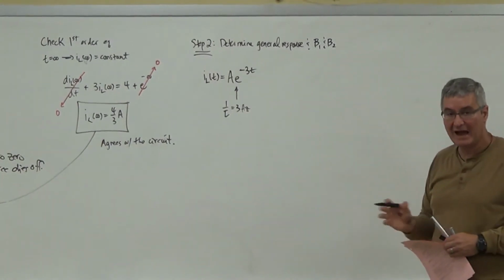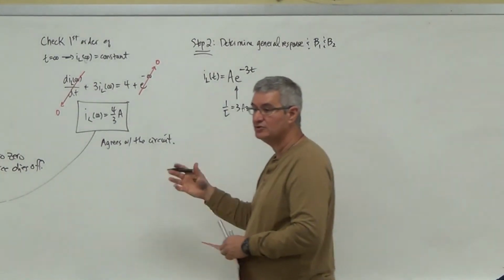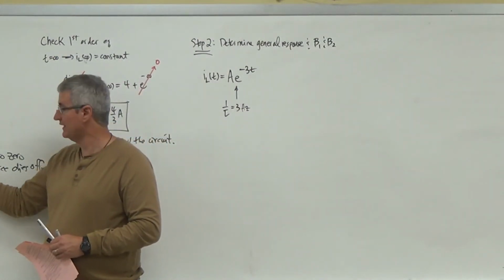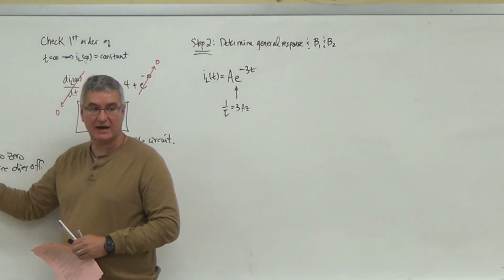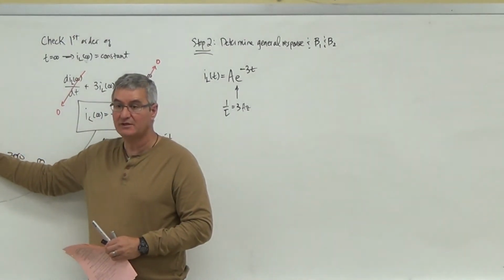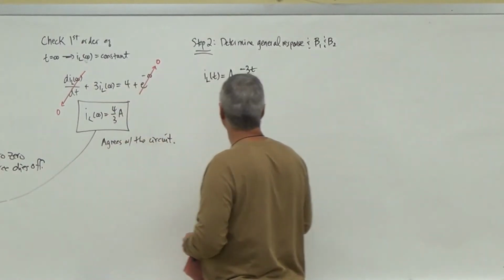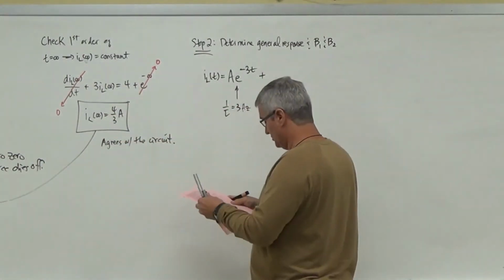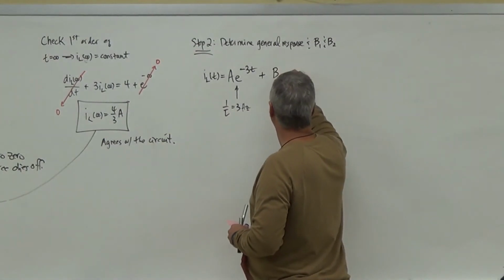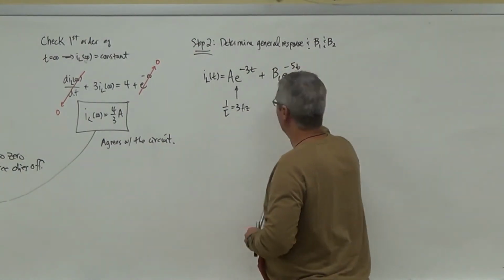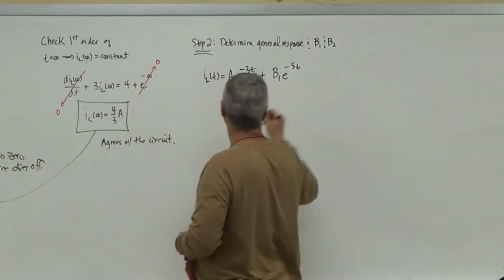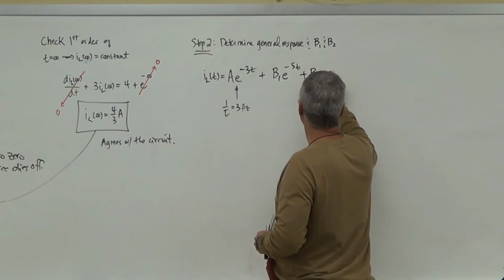All right? So now I have to write my forced response. When I look at that, note that there's a constant, and there's an exponential. But it's got to be that kind of e to the minus 5t in the exponential term. So let me make sure that I don't screw up here. So I wrote my B1 to behave exponentially, and then I get a constant B2.